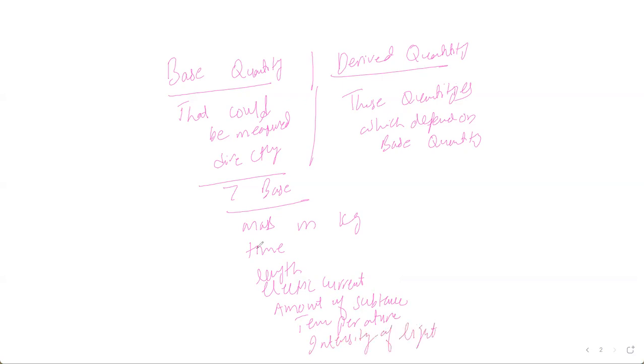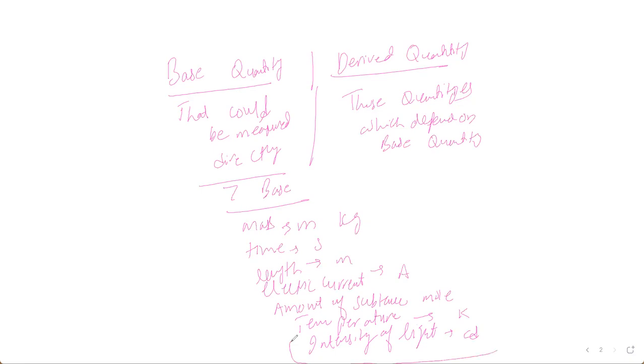This series will help you in revision as well as for your further preparations for the A levels. Time has the unit of second, length has the unit of meter, electric current has ampere, amount of substance is measured in moles, temperature is measured in Kelvin, and intensity of light in candela.